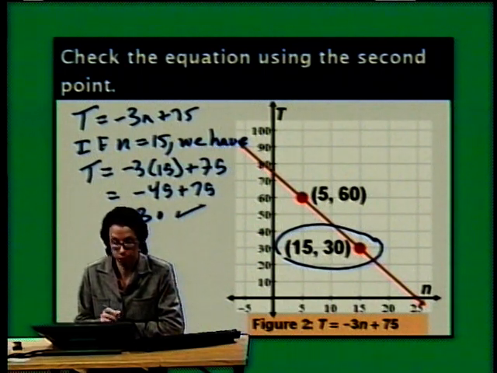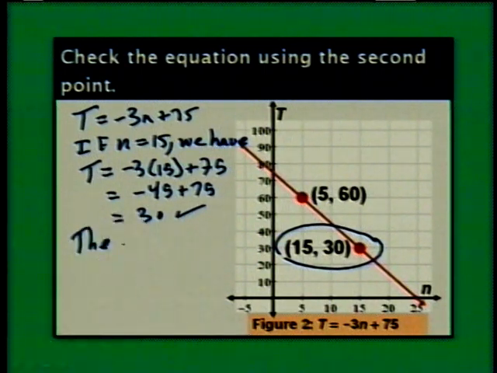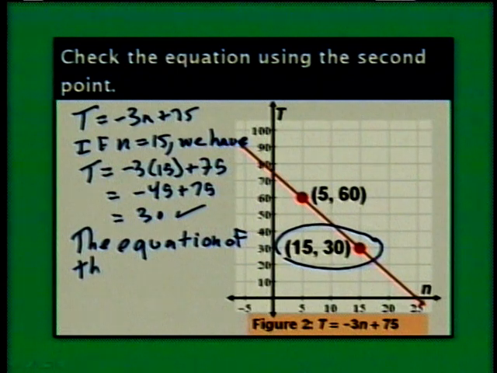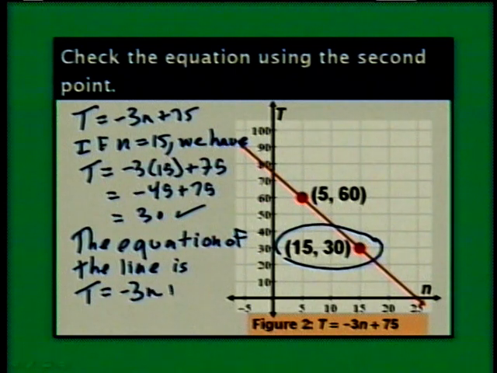Everything checks. So the equation of the line is t equals negative 3n plus 75.